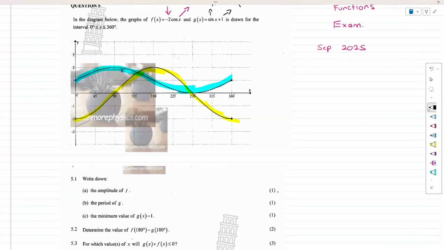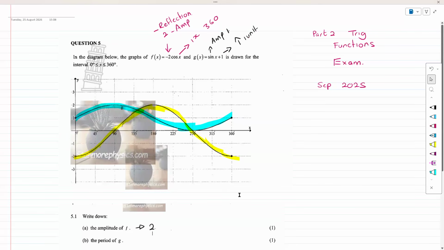Well, the amplitude of f is 2 because it's the number in front of the cos graph. But even if you didn't want that, you can measure this part and this part, and this part is 2.